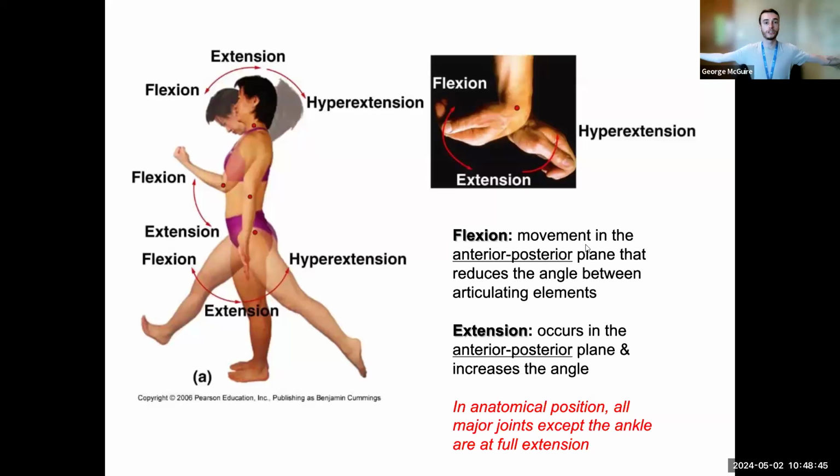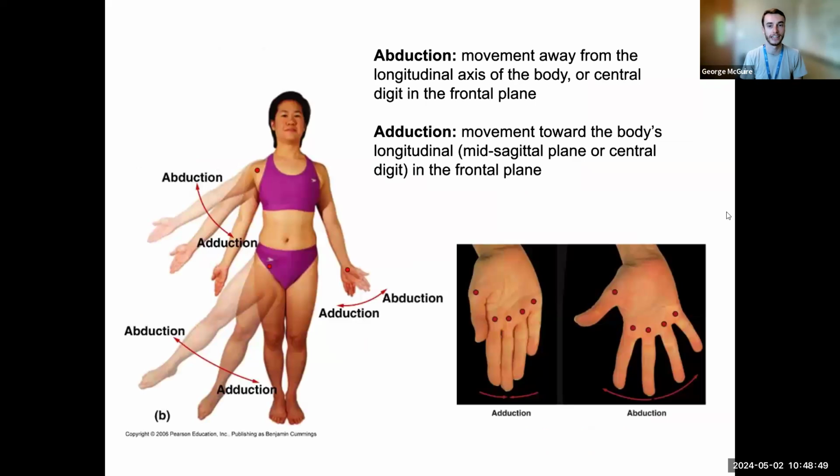If we're going longitudinally away from the midline, that's where we get into abduction and adduction. This is movement away from the longitudinal axis. And so not anterior or posterior, but away longitudinally in the midline. So abduction, to abduct something is to take it away.